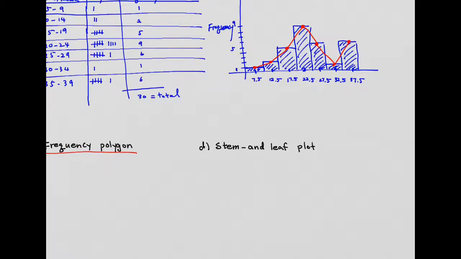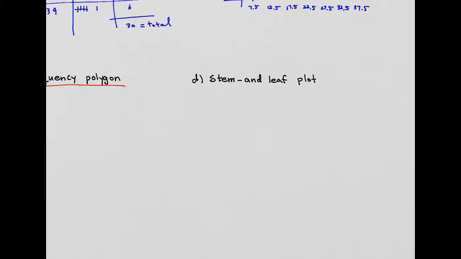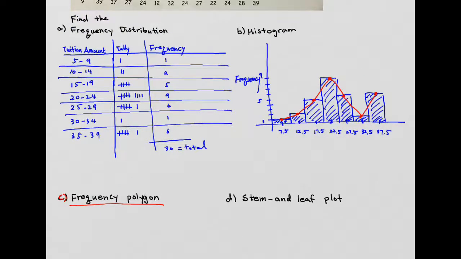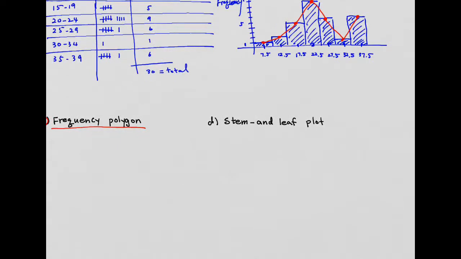Okay, then what about the stem and leaf plot? Let me show you how a stem and leaf plot is different from frequency distributions. So it's similar. We will have the stem and we will have the leaf on the other side. So the stem is going to be our tens digit value.